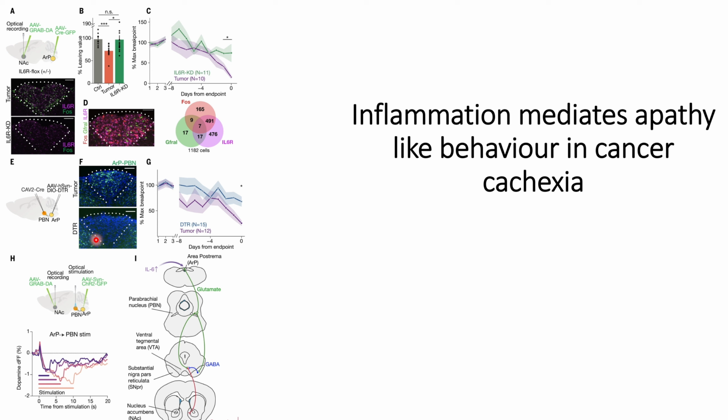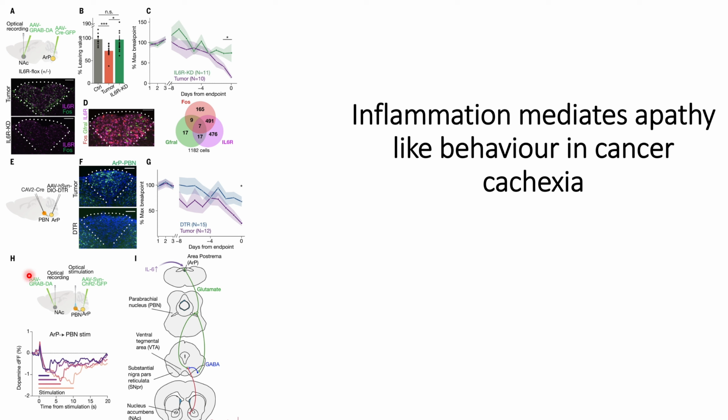So we can see that the knockdown is successful, as less ARP PBN can be seen here. And when they check the percentage breakpoint, with the ARP PBN knockdowns the breakpoint is again recovered to some extent.